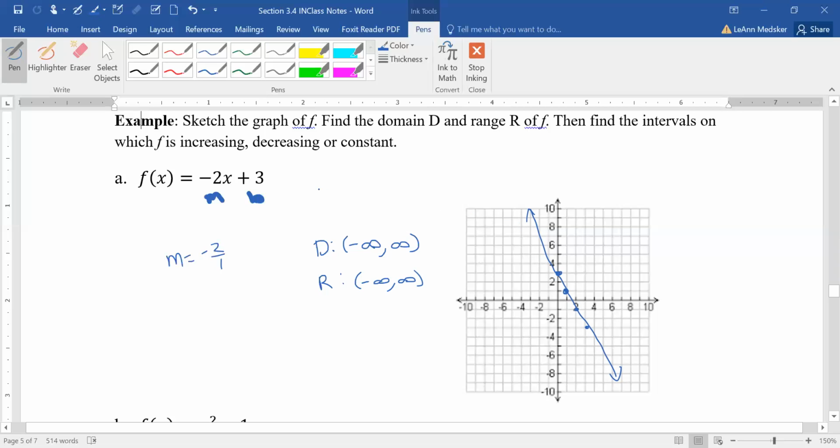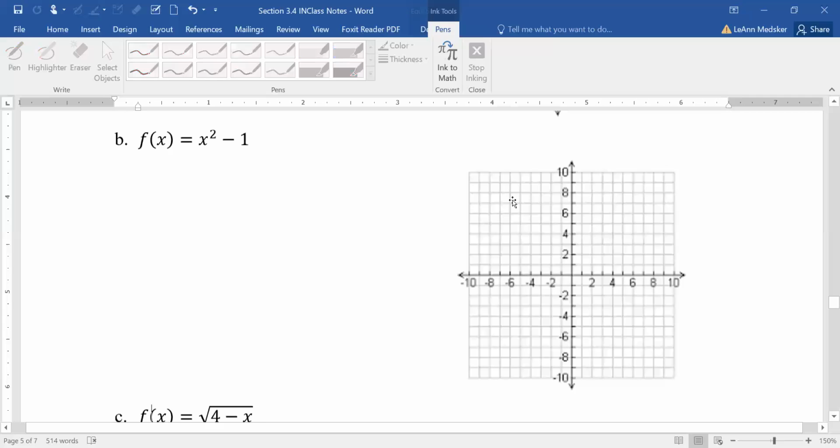If it's a straight line, it's only going to be doing one of those. This is getting a downward slope, negative slope, so it's going to be a decreasing function on the entire interval of the domain. That is very important. Decreasing, increasing, and constant is always related to the piece of the domain that you're on. Okay, so there's my first one.